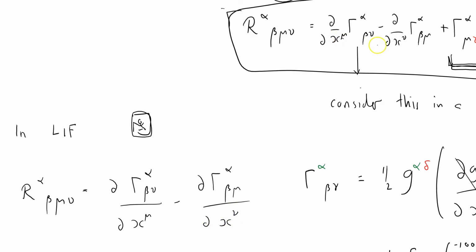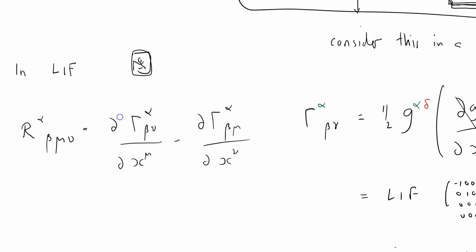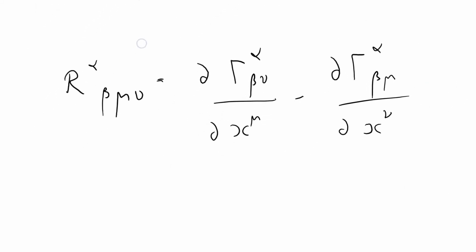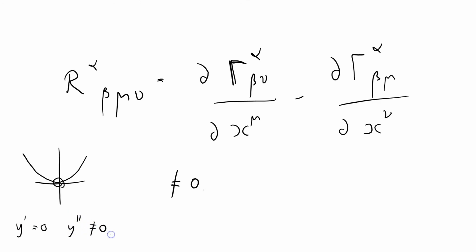All I'm doing is copying from here. That's nice, which is not necessarily equal to 0, even in a local inertial frame. Even though these terms are 0, their derivatives aren't. I can have some curve, like a parabola. The derivative of that parabola is 0 at the origin, but it has a second derivative, so y dash equals 0, but y double dash is non-zero.